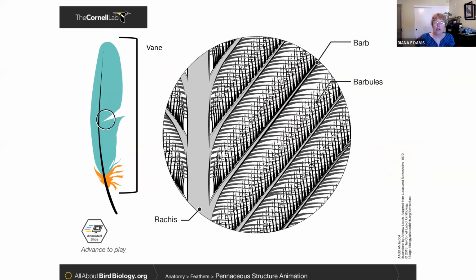When we look up close at the structure of a feather, here's the shaft, and there are these barbs that branch off from it. And each one of these barbs has smaller barbs called barbules that stick off of that. And they kind of hook together, kind of like Velcro.